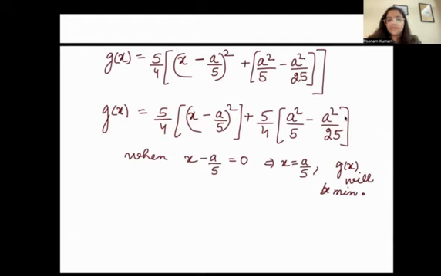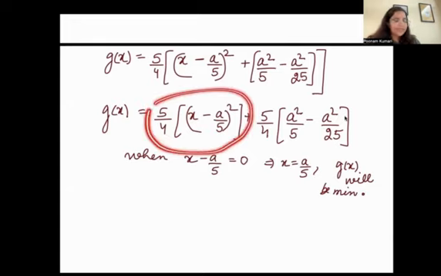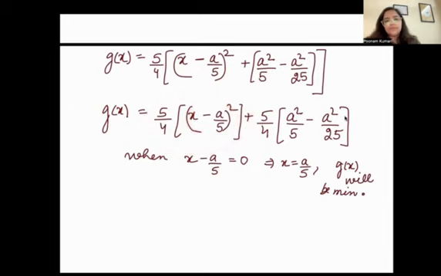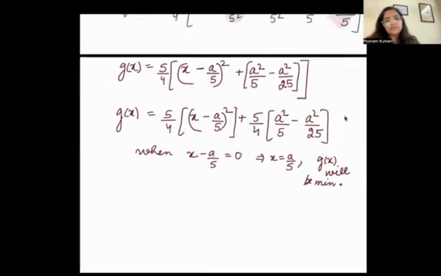So if you mention that, because we can see this entire thing is positive, the coefficient is positive, so this takes the lowest possible value when this takes value 0, that is enough.